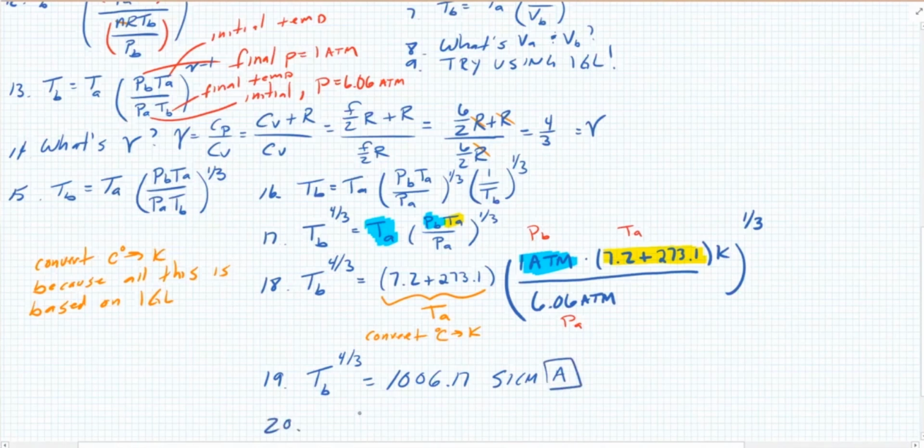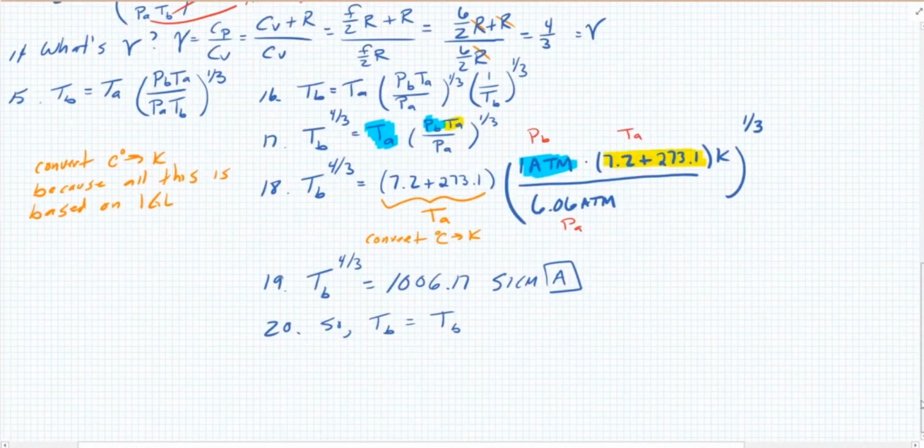Number 20. TB equals TB to the 4/3. I could do this with logs and raise that to a power of 1/3, which means I'm going to take my 1006.17 and raise that to a power of 1/3.